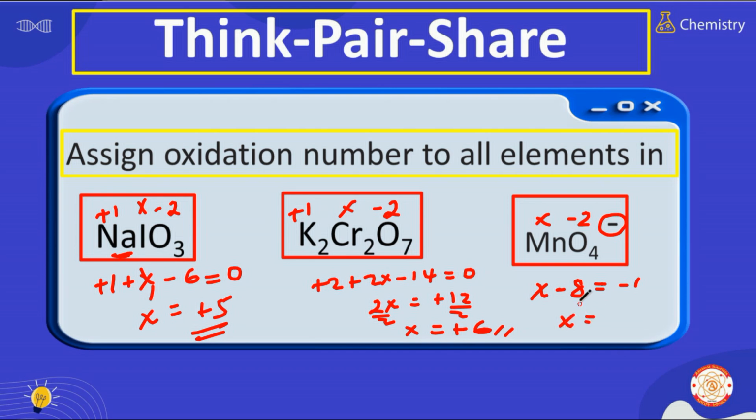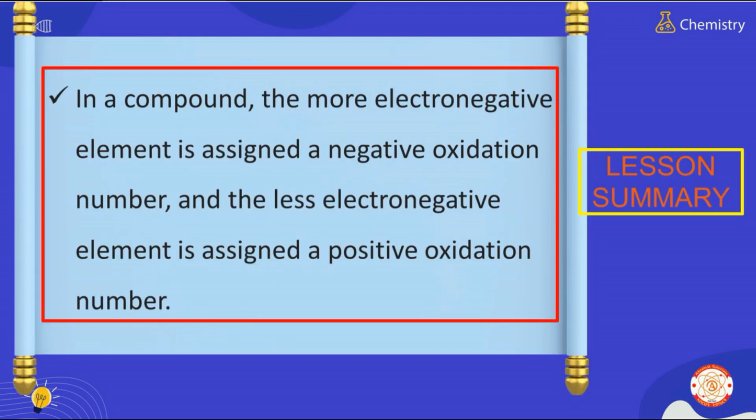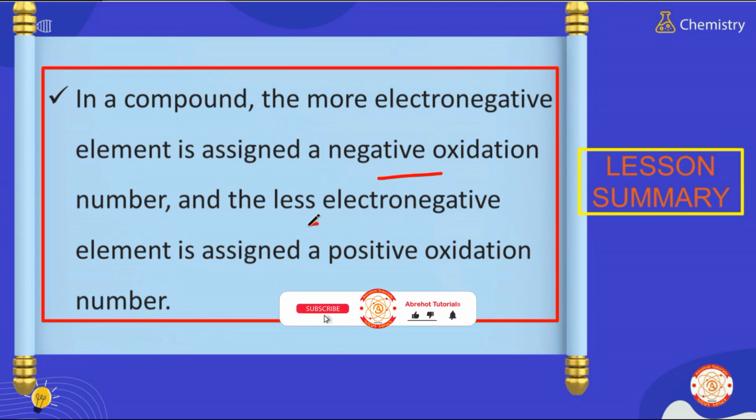So if you take this to this side, it will be +7. So this is how you assign oxidation numbers to all elements. So in general, in a compound, the more electronegative element is assigned a negative oxidation number, whereas the less electronegative element is assigned a positive oxidation number.